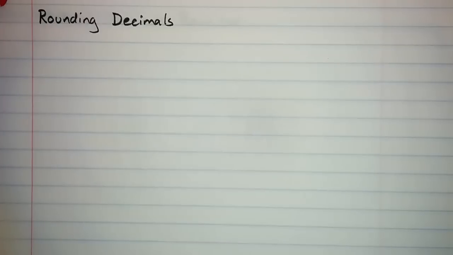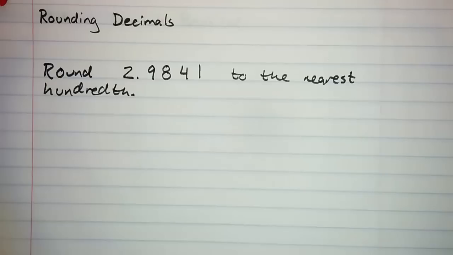Now that we have a way of describing decimal place values, we can talk about rounding decimals to one of those place values. So, for example, I could say round 2.9841 to the nearest hundredth.